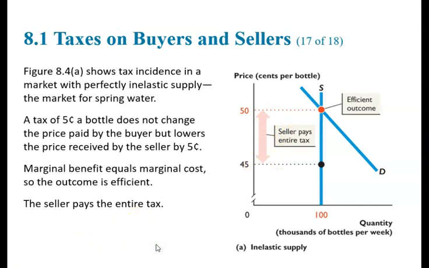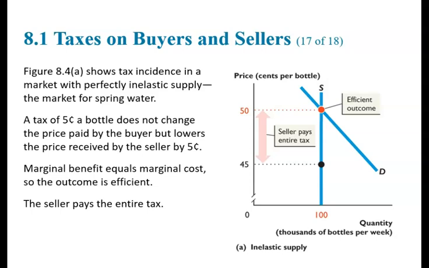The intuitive way of explaining this phenomenon is to ask: in response to the imposition of the tax, can the seller actually reduce the supply? No, it cannot, because when you are bottling water from a spring, the spring water will come out no matter what, so you will still bottle it.